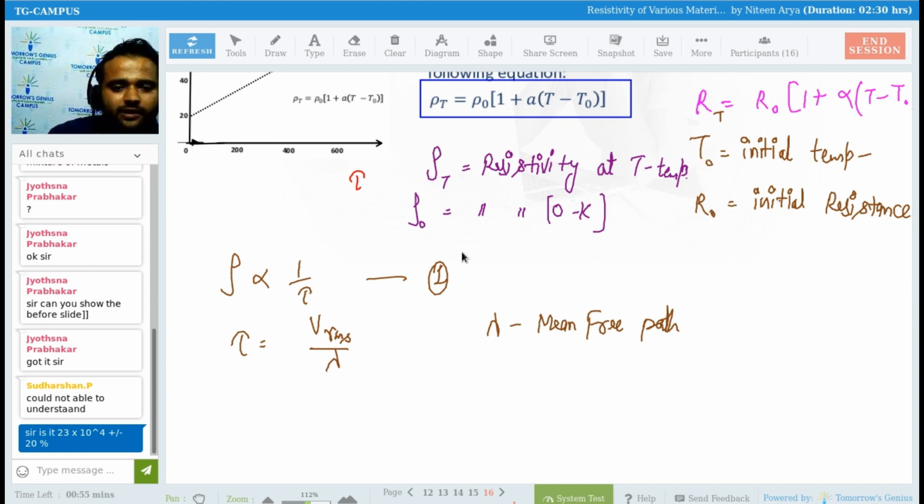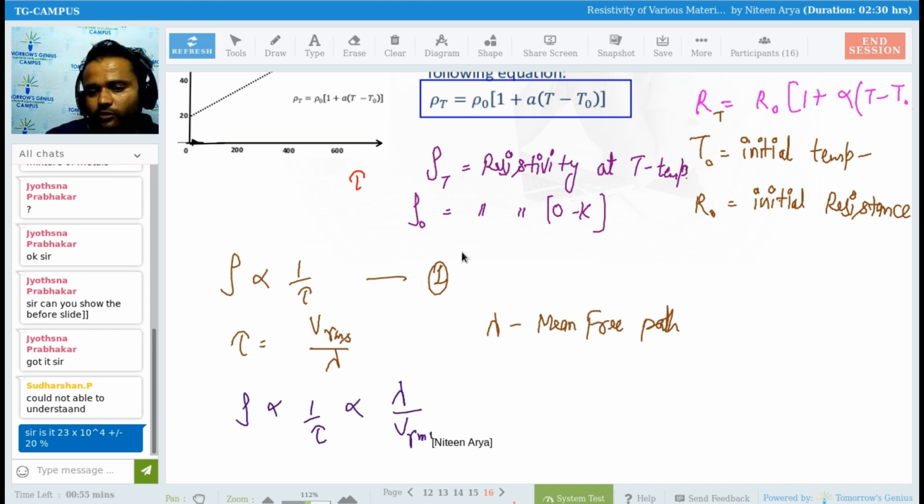Combining both these things, rho is inversely proportional to 1 by tau. So from here we get this relation of temperature dependence. Why so? Because root mean square speed increases with temperature and mean free path decreases. So the resistivity and the resistance of a material also rise with temperature.